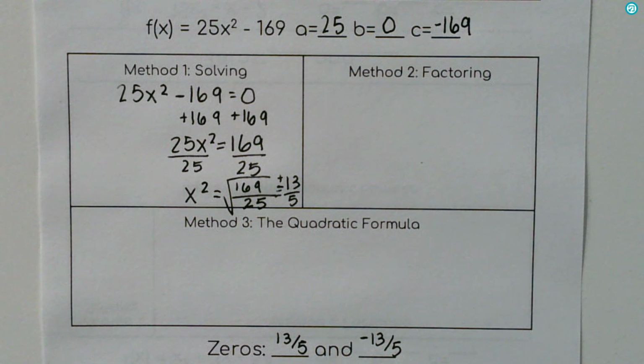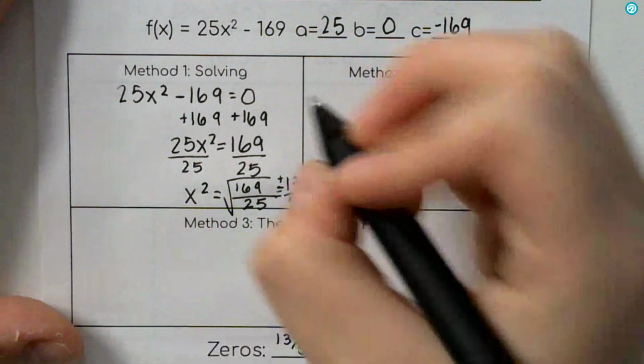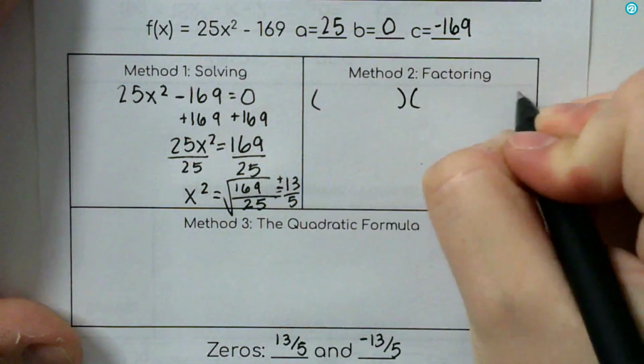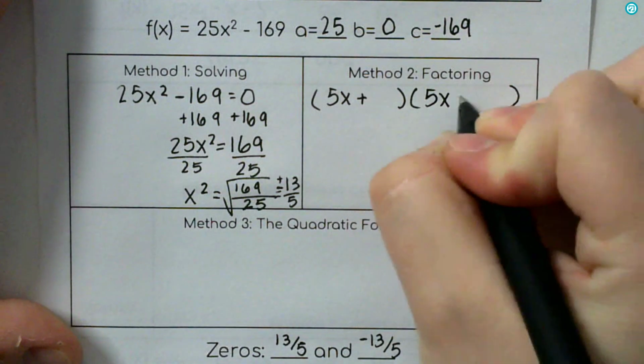Hey, factoring is an option on this. This is difference of perfect squares, so that's 5.7. If we wanted to factor this, 25x squared is 5x times 5x. So our two factors would be 5x plus and 5x minus.